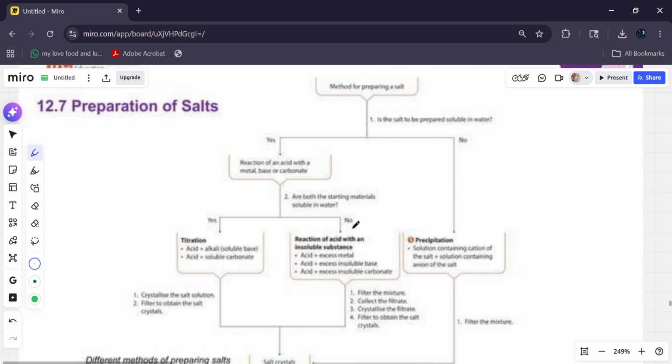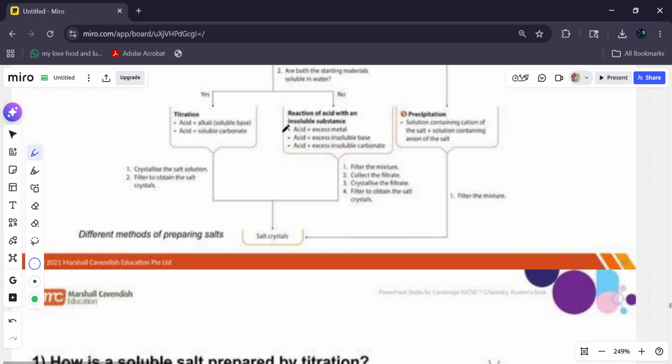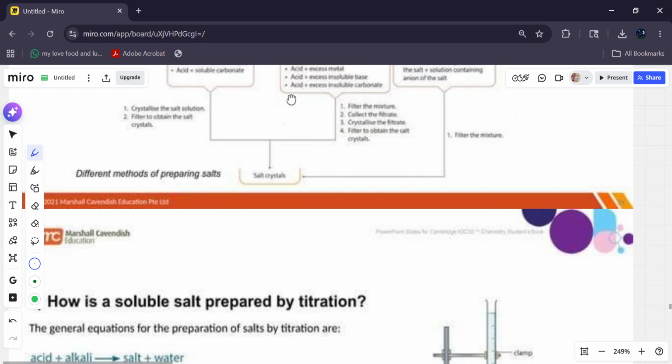If not both of the starting materials are soluble in water, reaction of acid with an insoluble substance is used, which is acid plus excess metal, or acid plus insoluble base, or acid plus excess insoluble carbonate. We filter the mixture, collect the filtrate, crystallize the filtrate, and filter to obtain the crystals. And at the end, using different methods of preparing salt, we will end up with salt crystals.